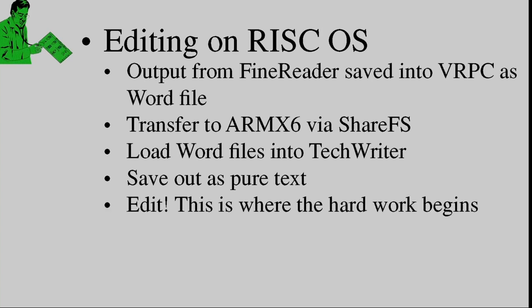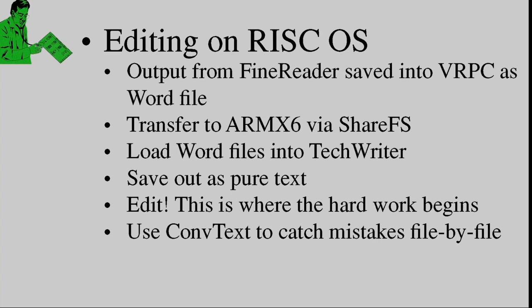So then I had to begin to edit it, and it was hard work, really. I started to use Convert Text to catch the mistakes, and I did it on a file-by-file basis. I think the reason I did it file by file was because I'd only had the one file when I did the sample chapter.